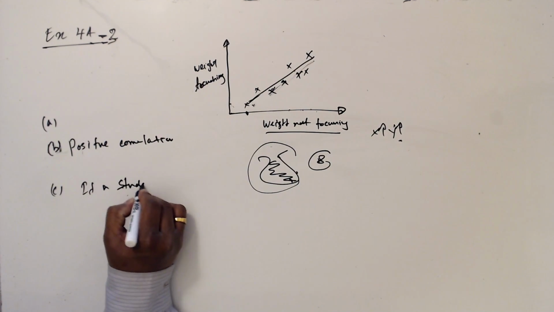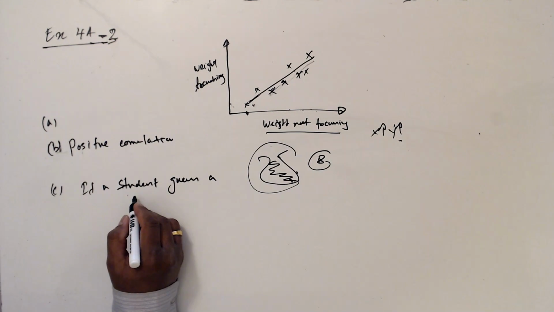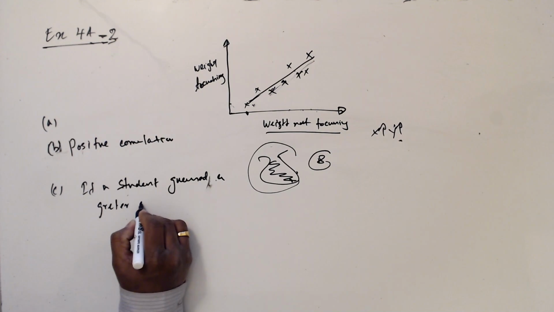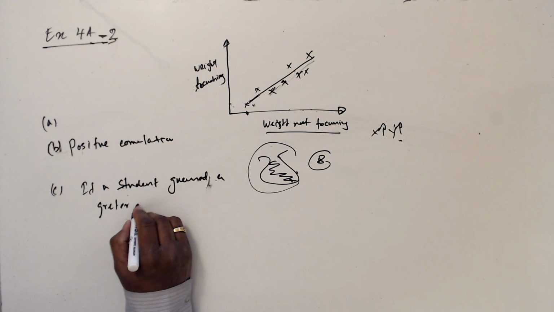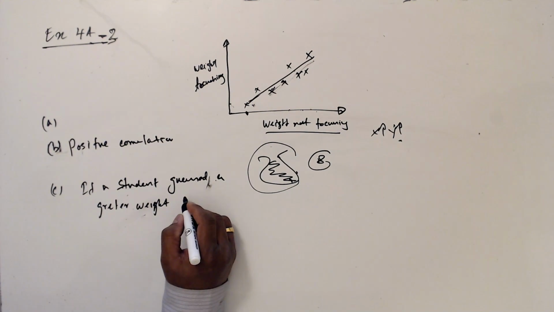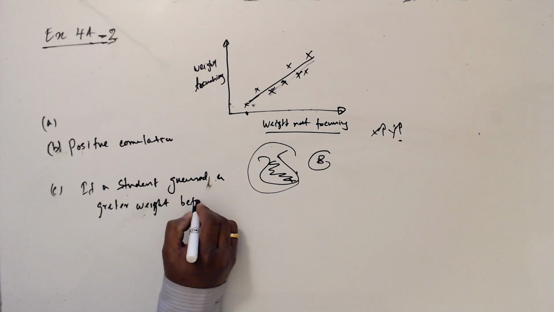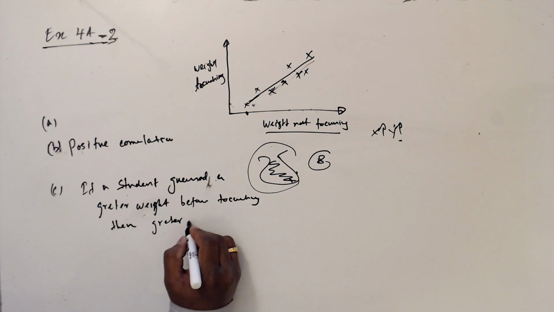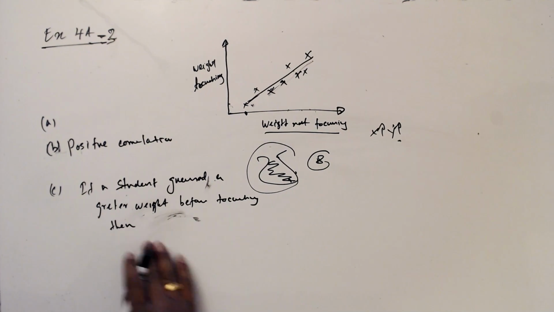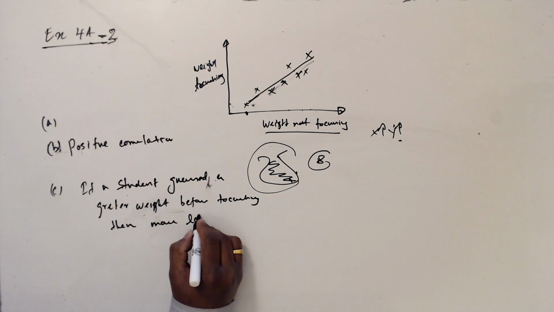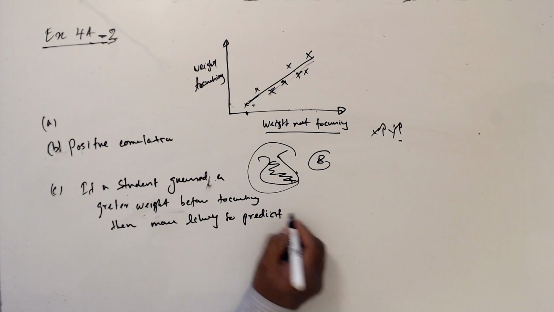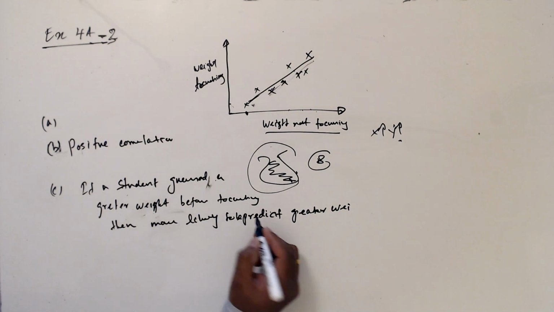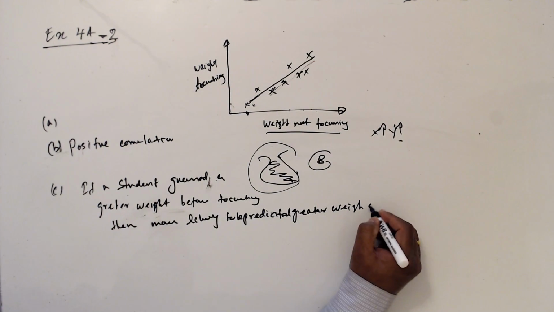So we can tell that if a student gets a greater weight before touching, then more likely to be predicted a greater weight after touching.